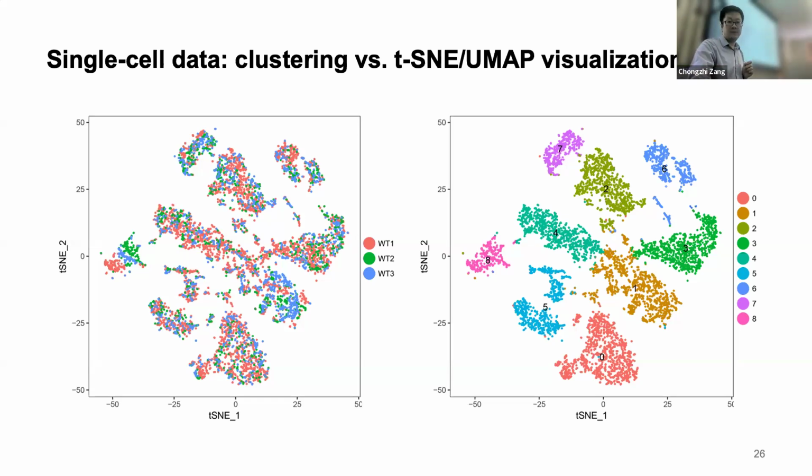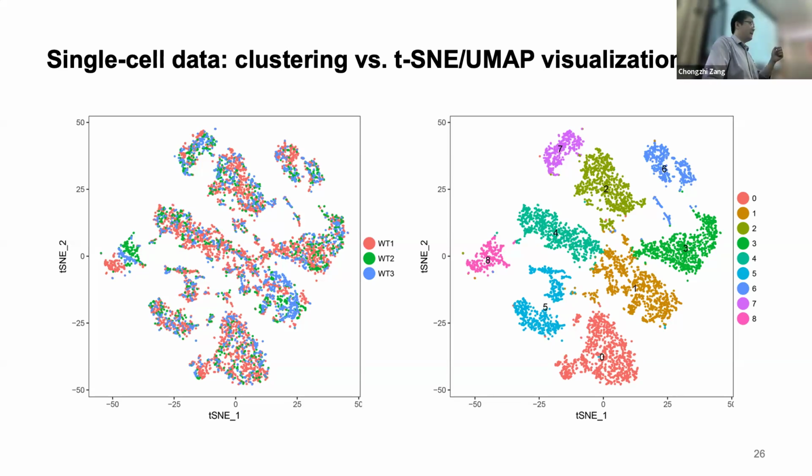The close by or far away information represented on this t-SNE or UMAP visualization may or may not represent the real relation across different cells. So clustering and visualization should always be done independently, in parallel, not one after the other. Any questions?